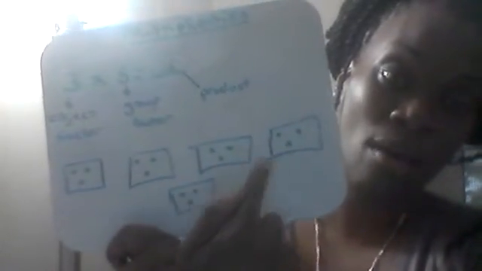All we have to do is count. 3, 6, 9, 12, 15. So 3 times 5 equals 15. We had 3 plus 3 plus 3 plus 3 plus 3, and we got 15.